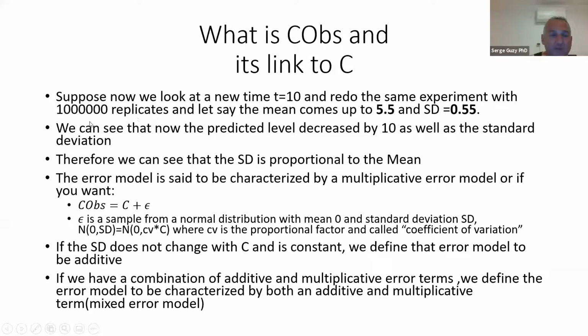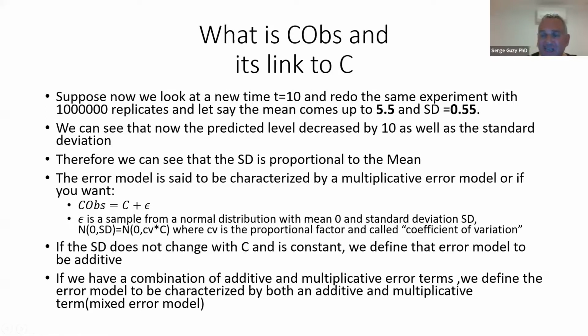Again, in a hypothetical experiment, at two different times, when the concentration is low and when it is high, I would see, for example, an average of 5.5 with a standard deviation of 0.55. And when the concentration is higher, I'm getting an average of 55, but the standard deviation is also multiplied by 10.